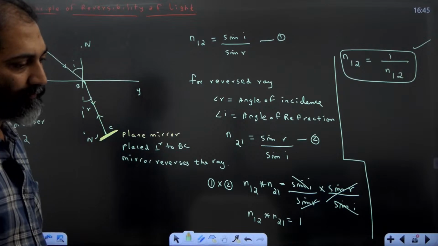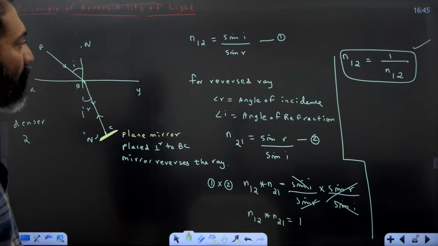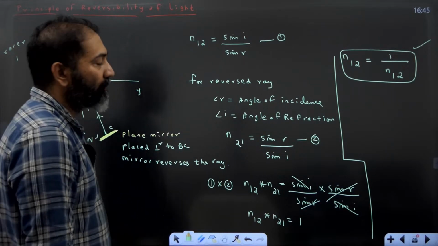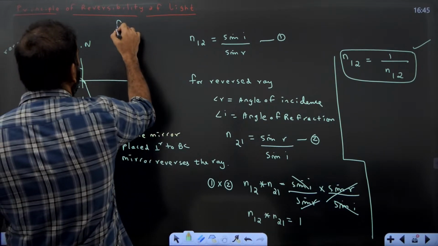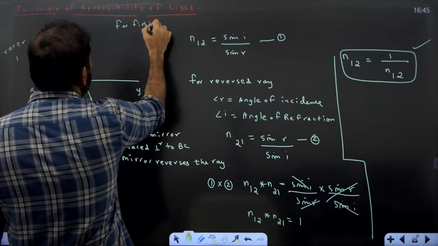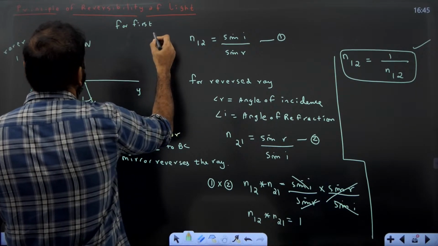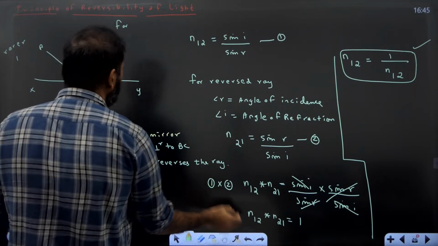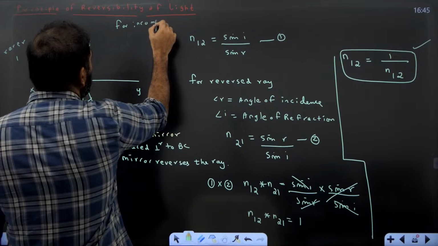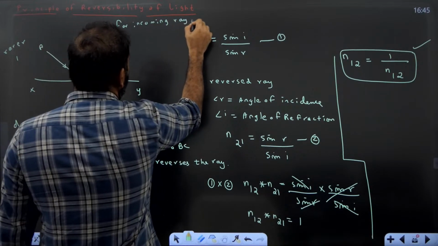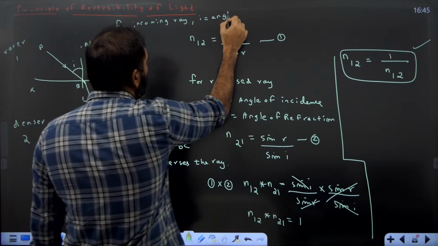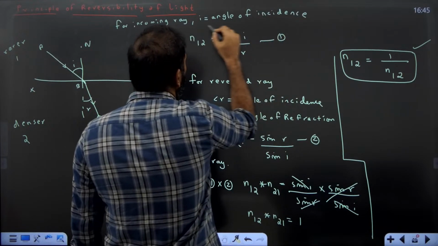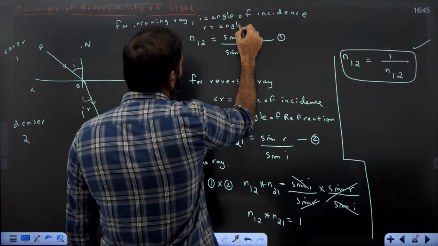Any doubt? This is called the principle of reversibility of light. Here, for the incoming ray, I is the angle of incidence and R is the angle of refraction.